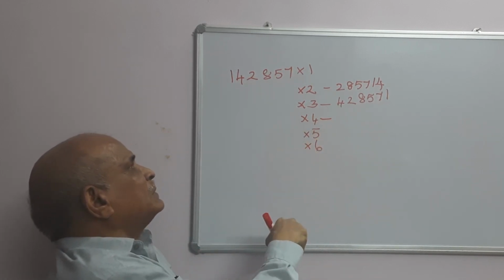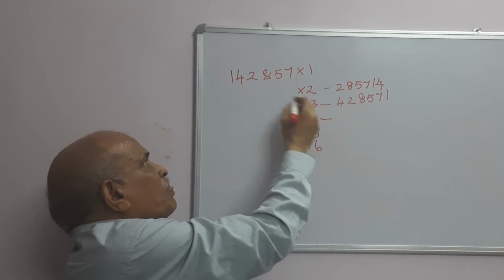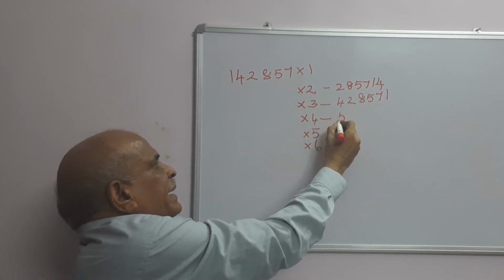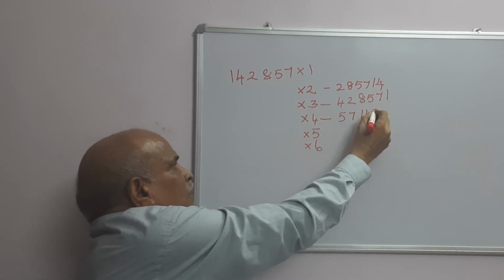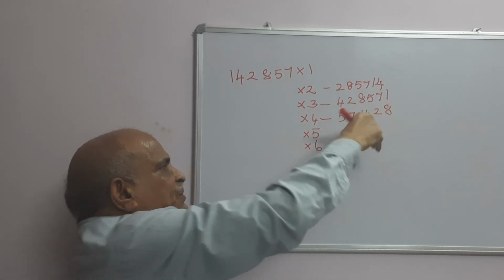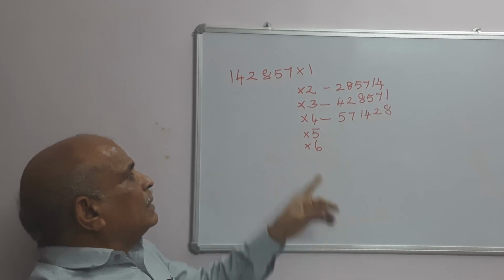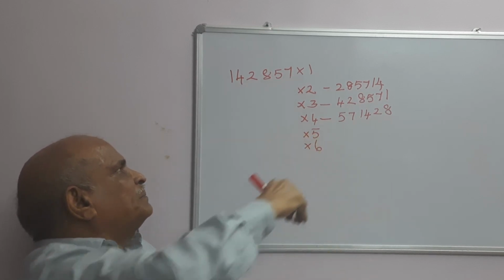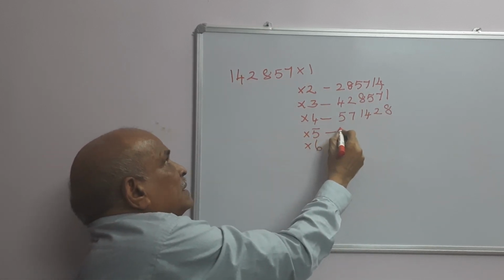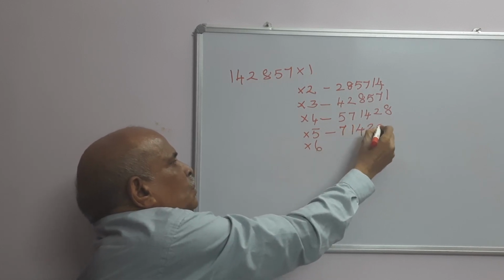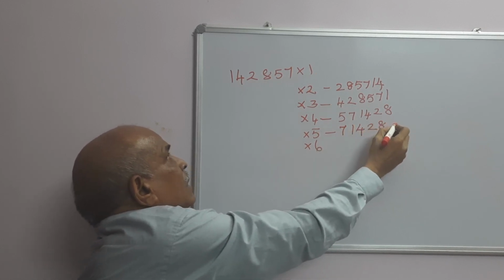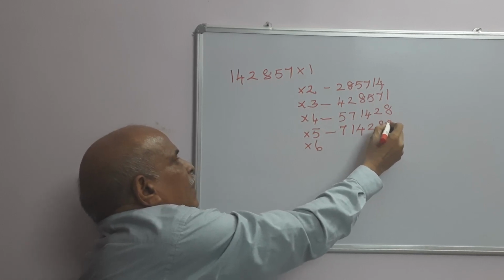Multiplying by 4, that results in 5, 7, 1, 4, 2, 8. Multiplying by 5, 7, 1, 4, 2, 8, 5.